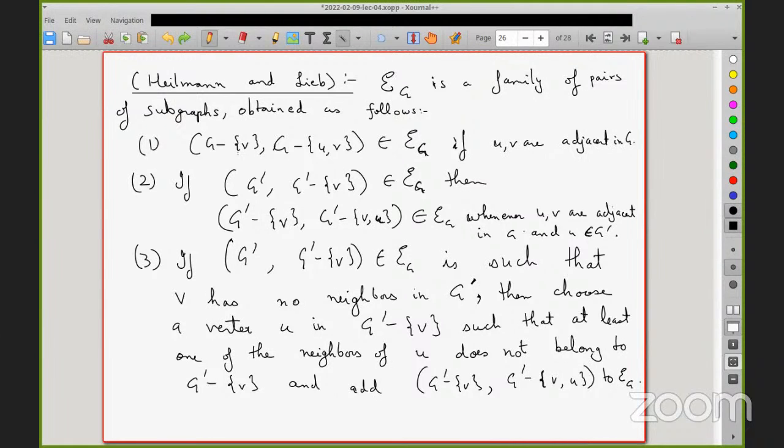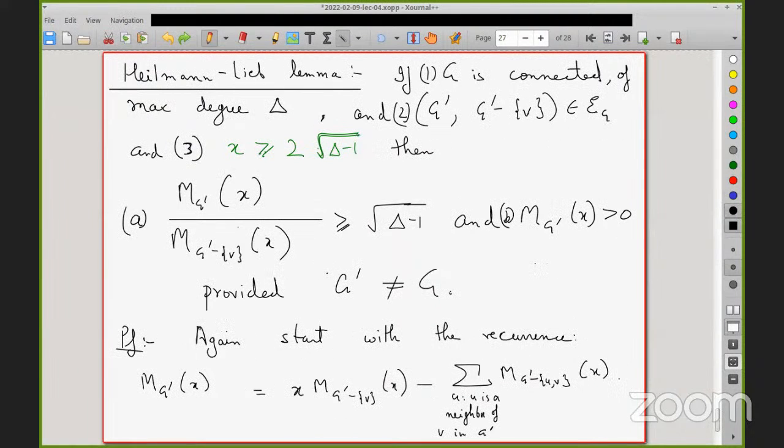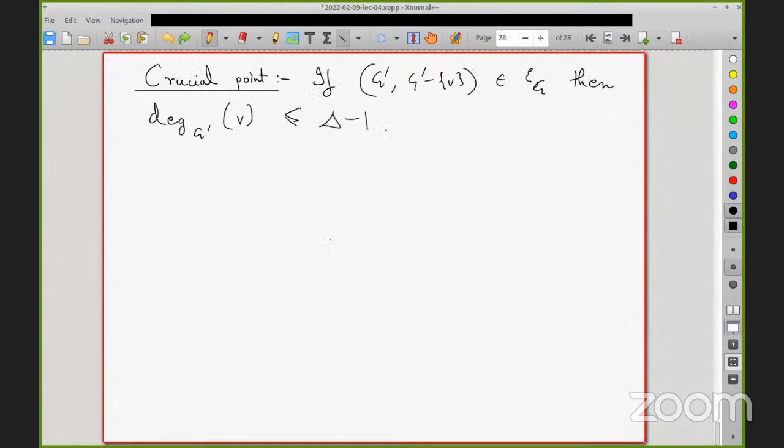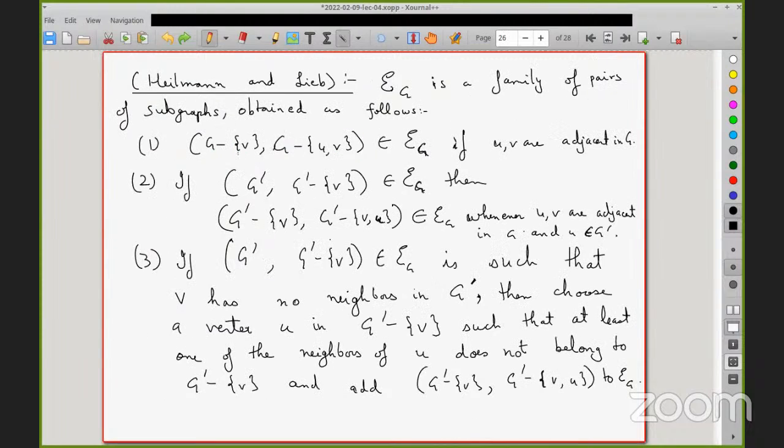Look at this u, for example. Let's look at the first construction. Whenever you do this, v is already gone, so one neighbor of the vertex you are subtracting is always removed. So its degree is at most delta minus 1, and that will be the case in this whole construction.